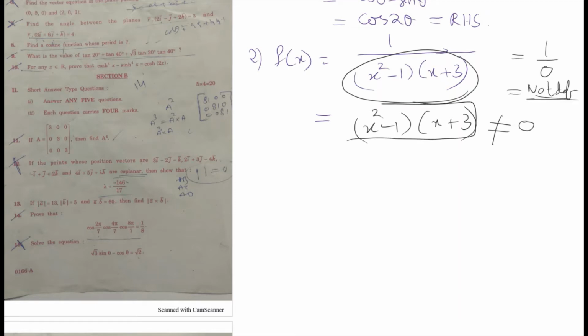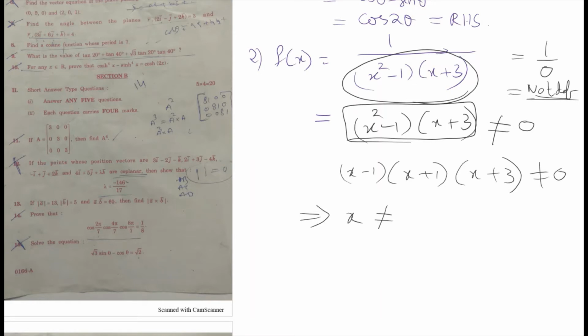So this part should not be equal to 0. I can expand this as x minus 1 into x plus 1 into x plus 3 should not be equal to 0. That implies x should not be equal to 1 or minus 1 or minus 3.